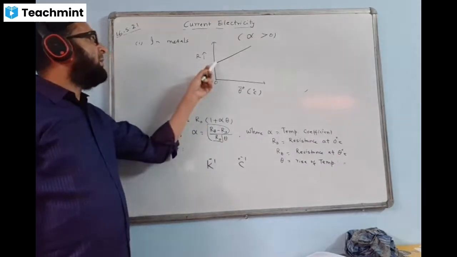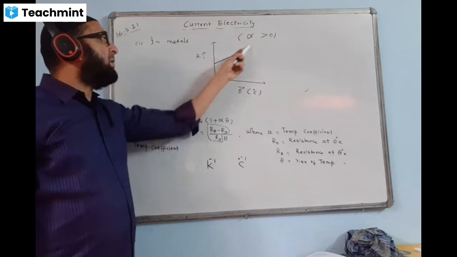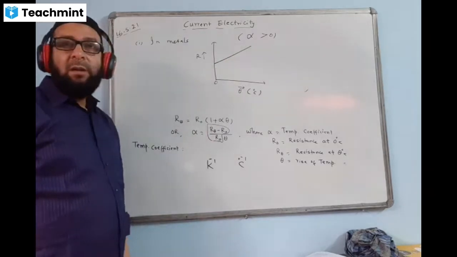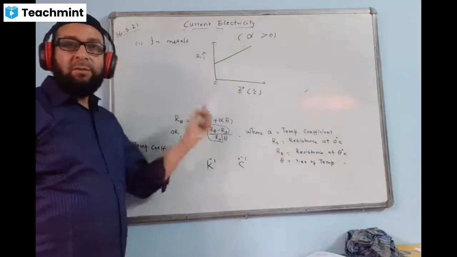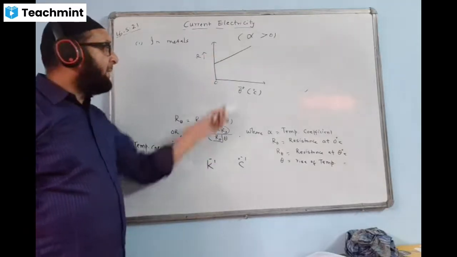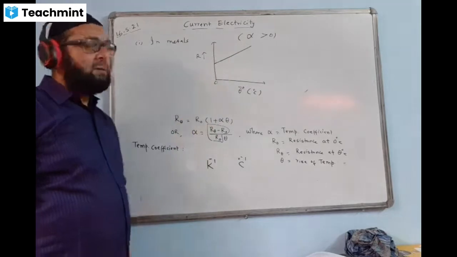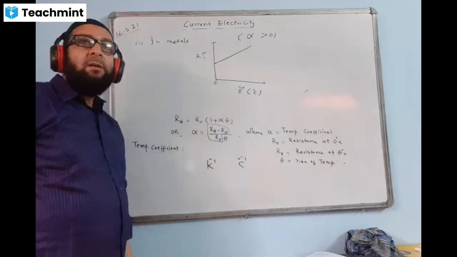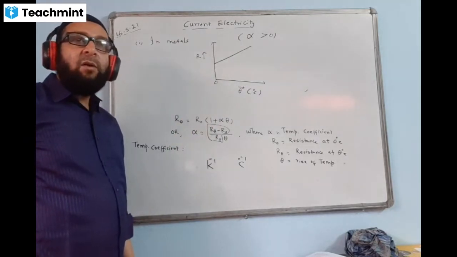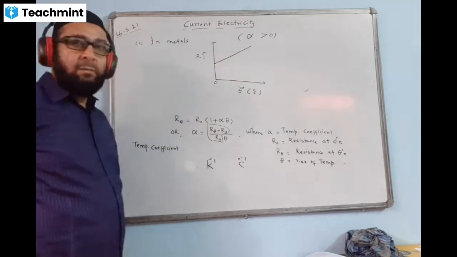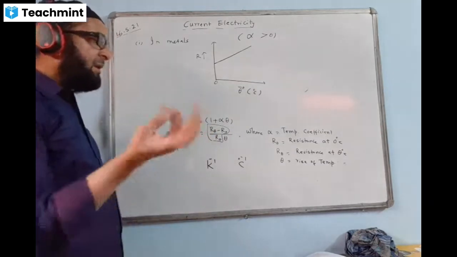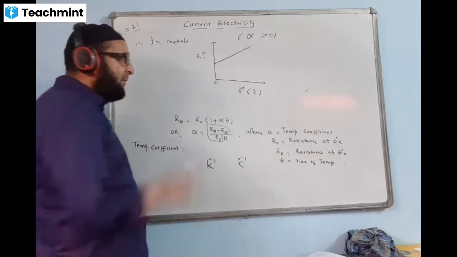The resistance will have some value, and that value keeps increasing when we increase the temperature. It is a positive slope, and positive slope means alpha is positive. The question may come, draw the resistance-temperature graph or resistivity-temperature graph for metals. You draw this one. The resistance and resistivity graphs will be the same.